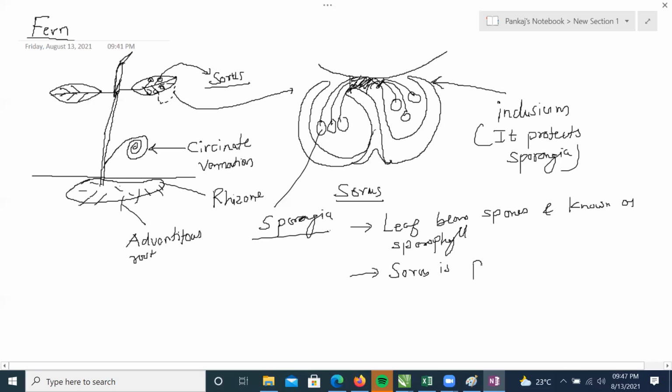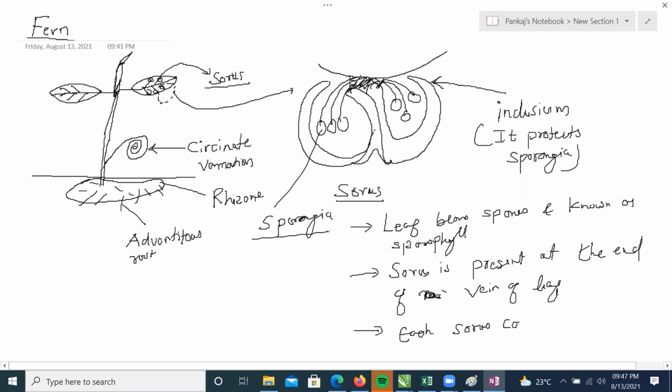Sorus is present at the end of the vein of the leaf. Each sorus contains sporangia. Okay, write down these 3 points.